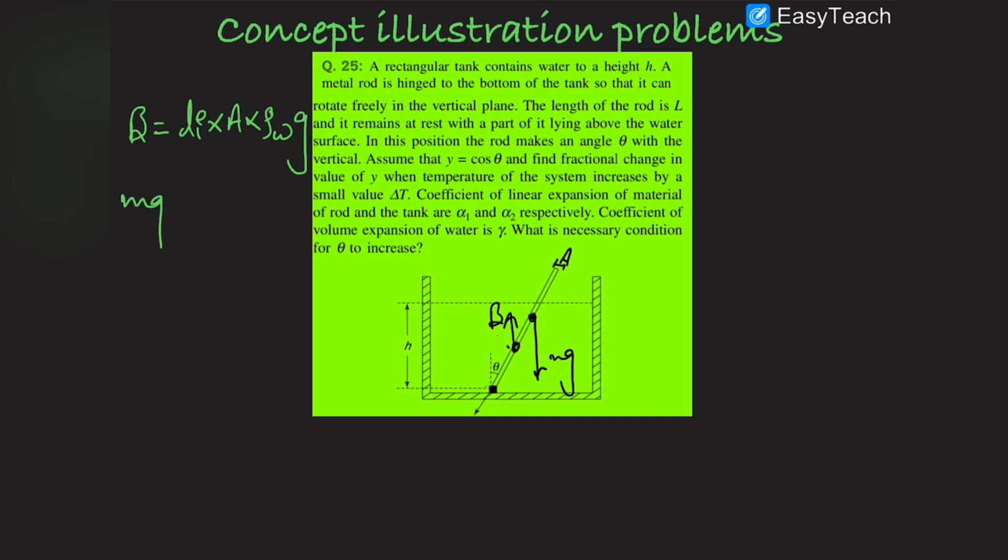And the value of mg will be equal to L total into A into rho of rod into g.